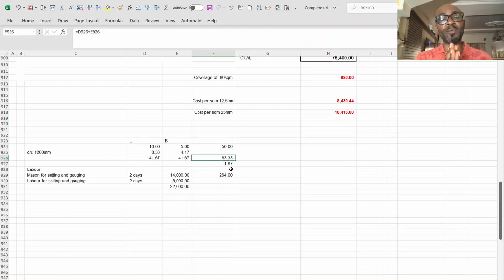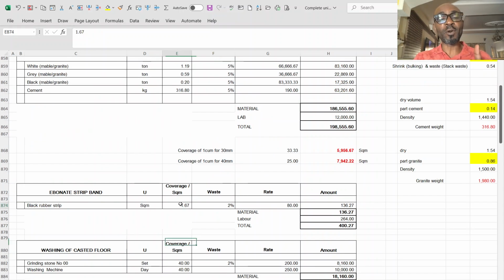So the percentage that will go for a square meter is 1.67. So that is what I brought here.